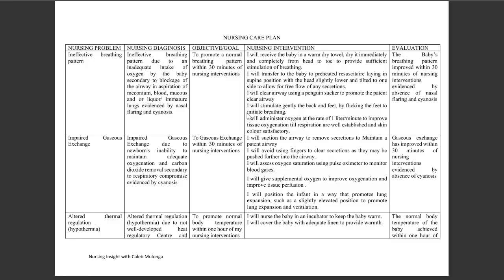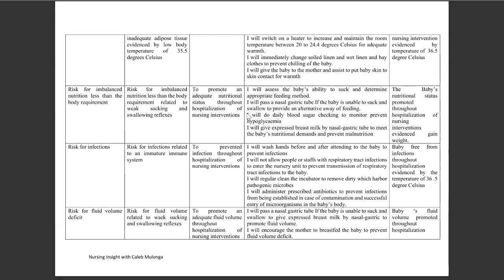Okay, so that is where the hypothermia is coming from, due to the underdeveloped or immature heat regulatory center and the absence of fat. So altered thermoregulation, hypothermia in brackets, due to not well developed heat regulatory center and inadequate adipose tissue, evidenced by low body temperature of 35.5 degrees Celsius. So you can put as you wish there.